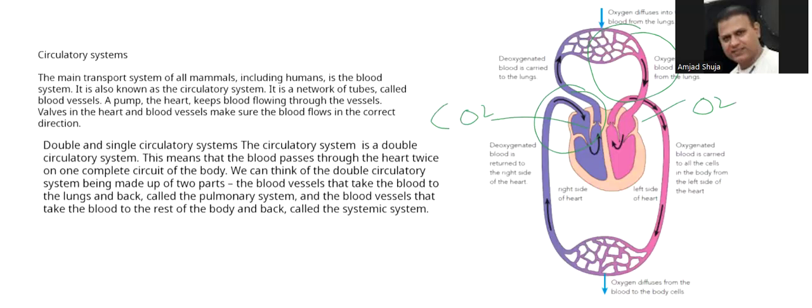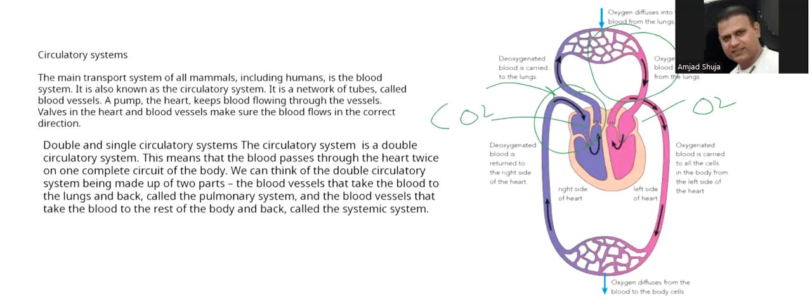Why is it called the double circulatory system? Because the blood passes through the heart twice to complete the circuit of the body. From the body organs, deoxygenated blood comes into the heart, goes into the lungs for oxygenation, returns from the lungs, enters the heart again, and is then supplied to the other body organs.